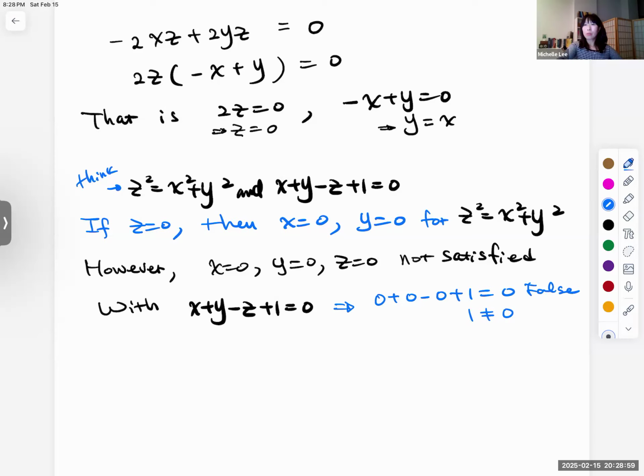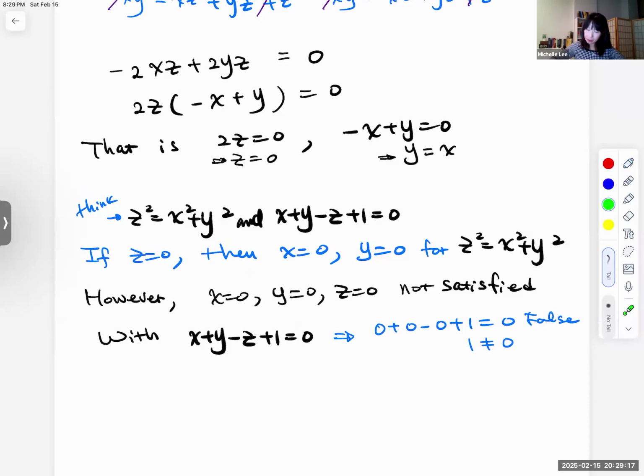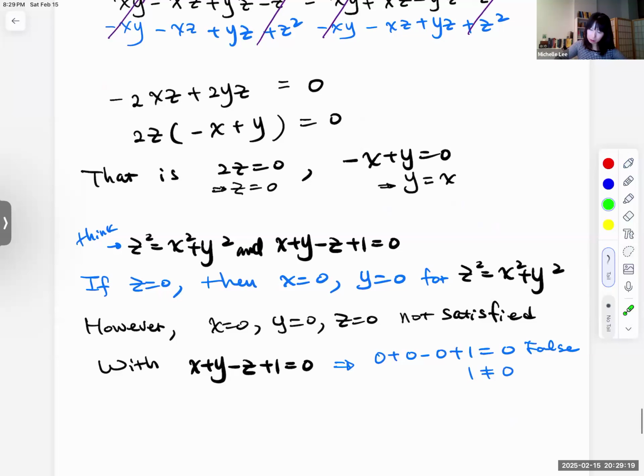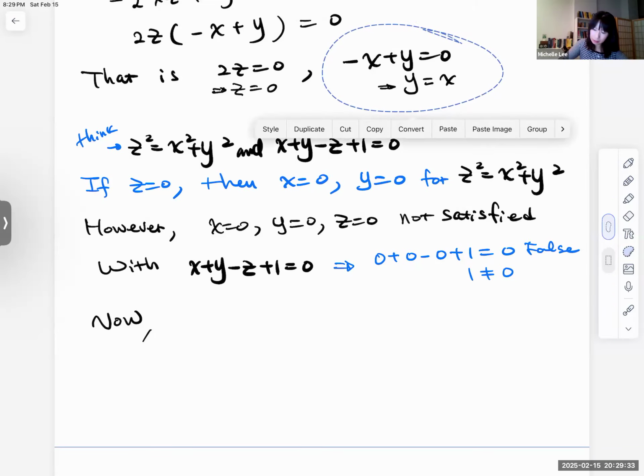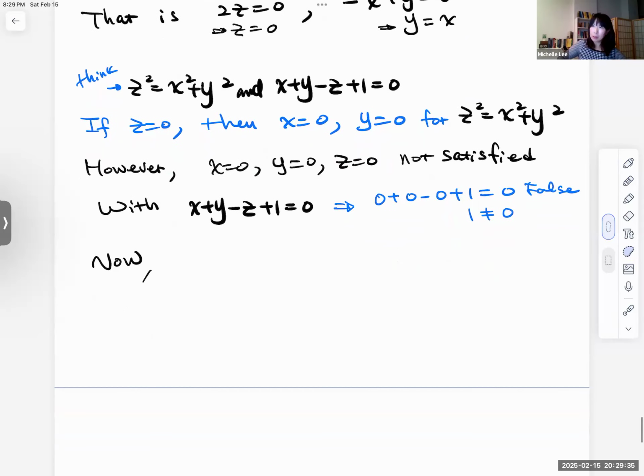Now, what we are thinking about is the second condition. So we have y equal to x.